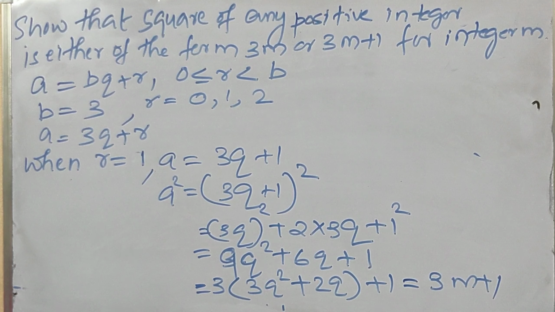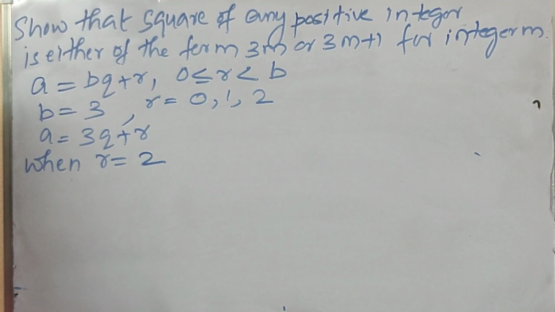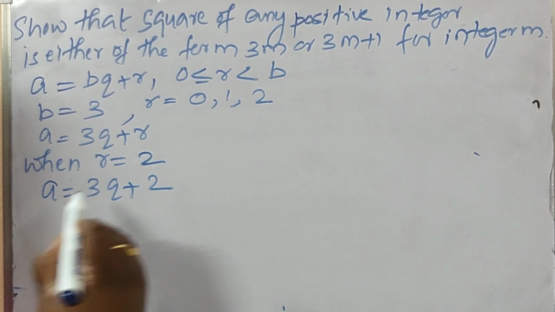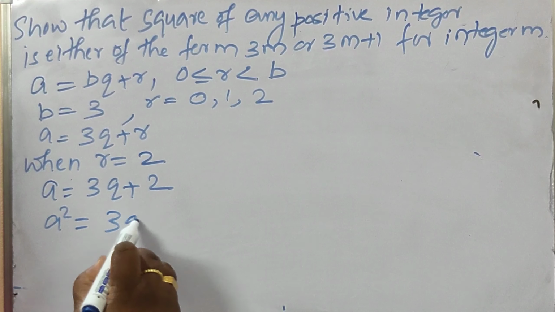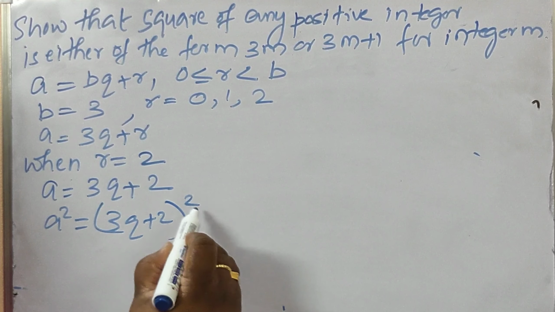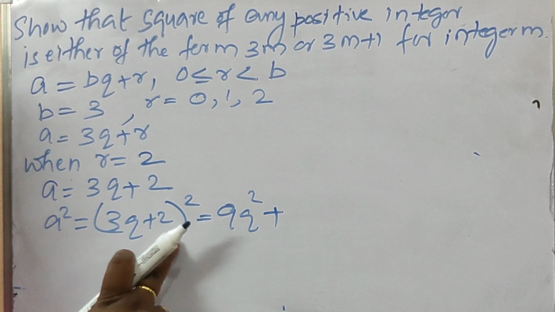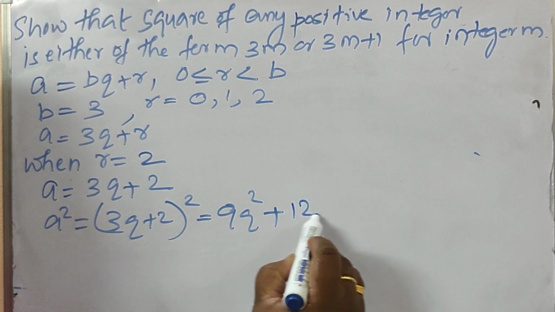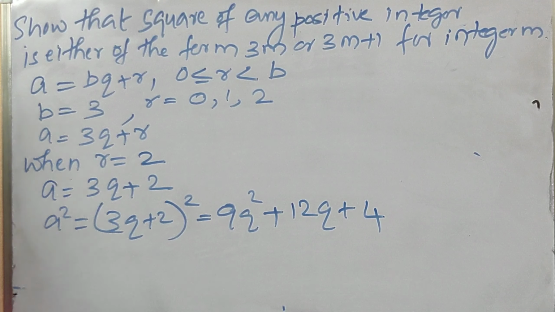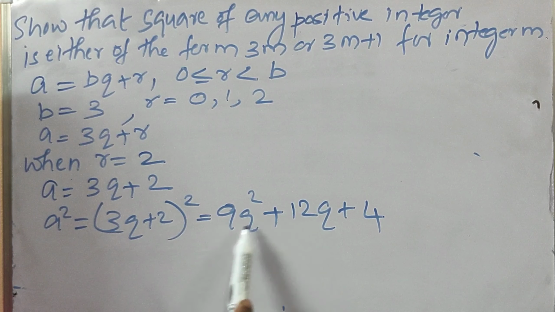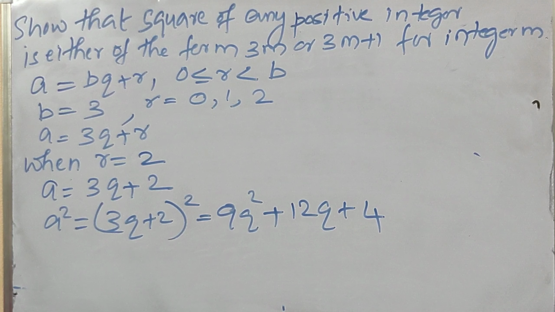Now the third case is r equal to 2. When r is equal to 2, a = 3q + 2. So what is a squared? (3q + 2) whole squared. That is 9q squared + 12q + 4. If we take 3 common from here like the previous step, we will get only 3m + 4, and we don't want 3m + 4. So what can we do?